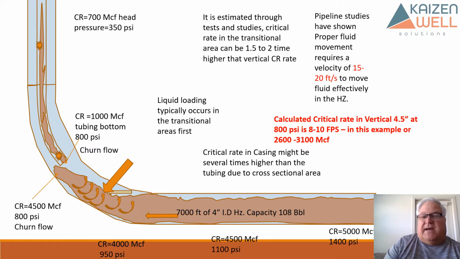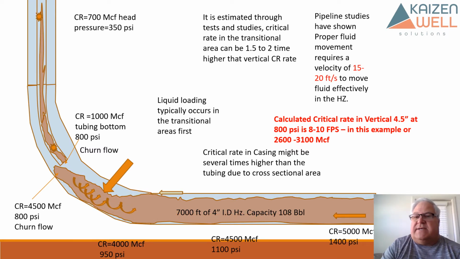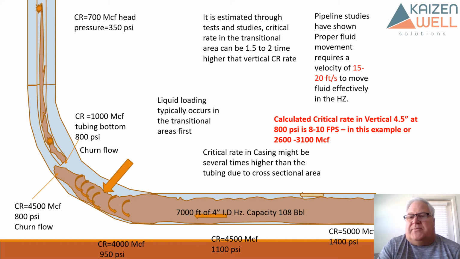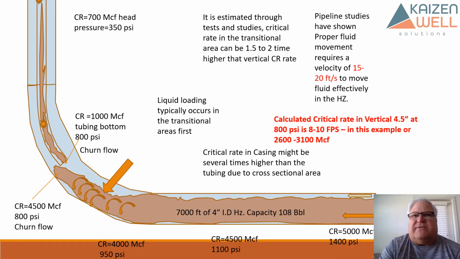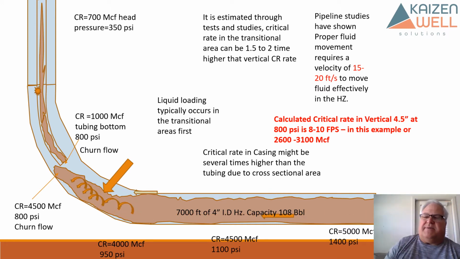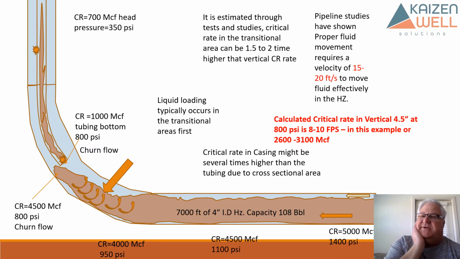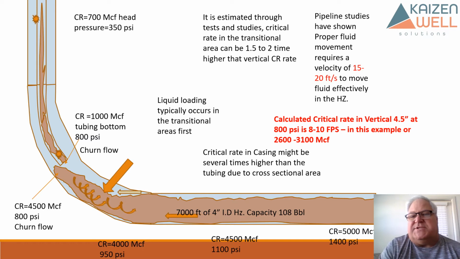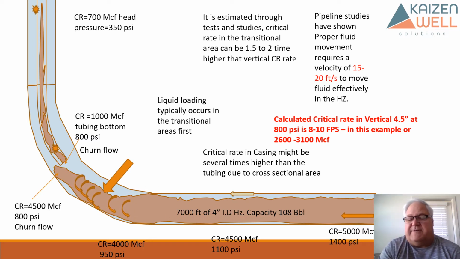Another interesting thing is if you look at pipelines and when they were looking at moving liquid through undulating pipelines up and down, there's a lot of information that says you require about 15 to 20 feet per second to move that fluid efficiently through a pipeline.